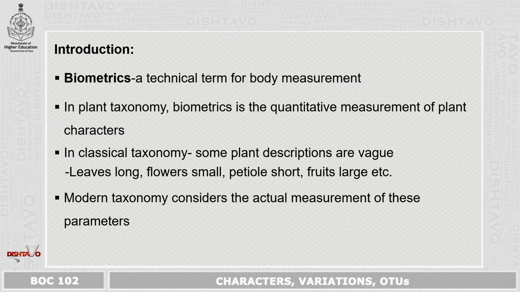Whereas modern taxonomy considers the actual measurement of these parameters. So you will find in modern taxonomic literature, they give the measurements: length of the leaves, breadth of the leaves, flower diameter, fruit diameter, like that. They give the actual measurements of the plant parts.